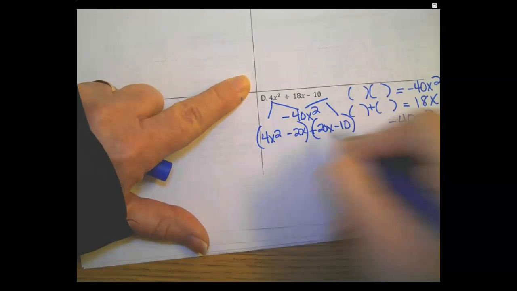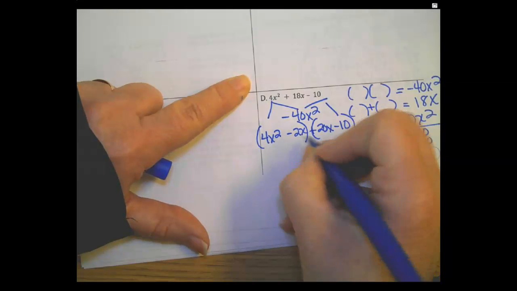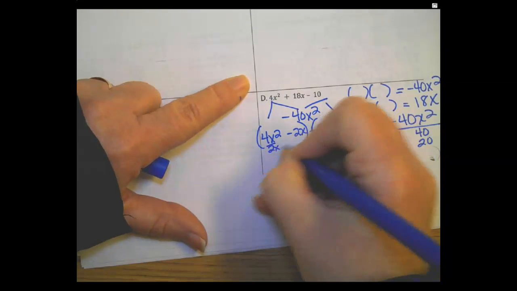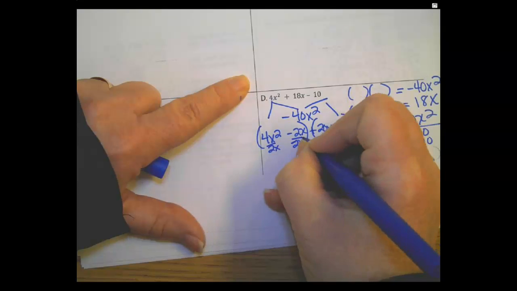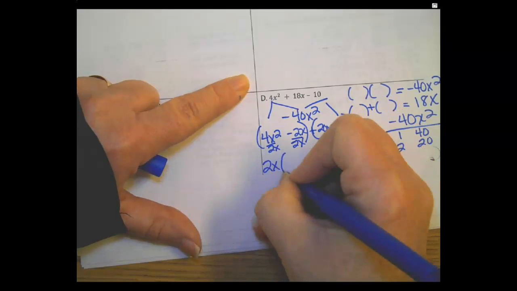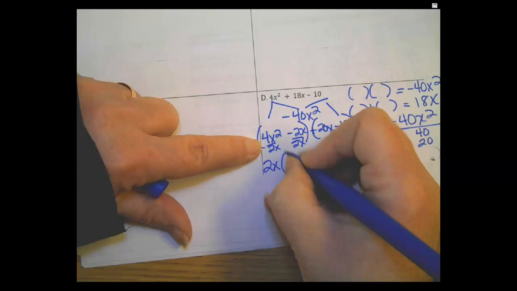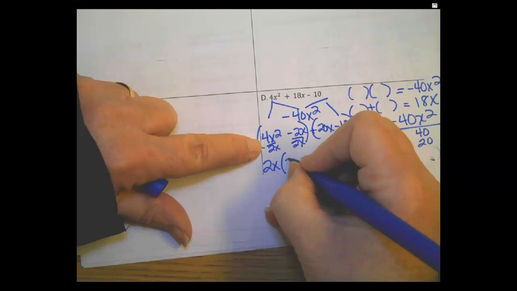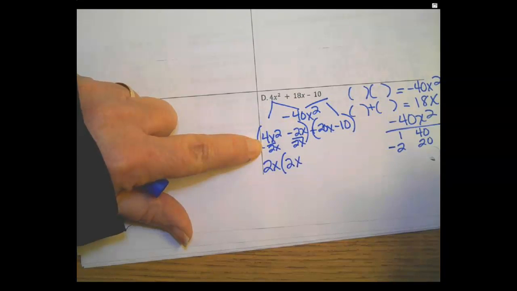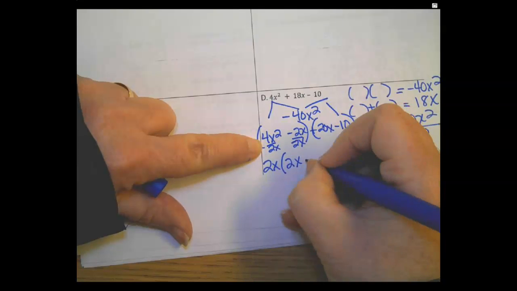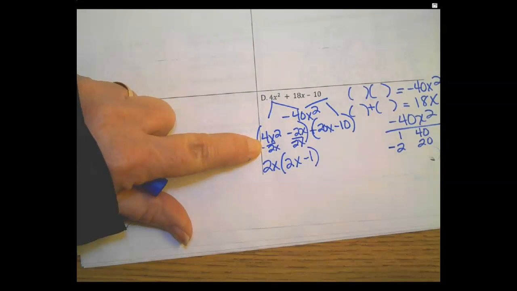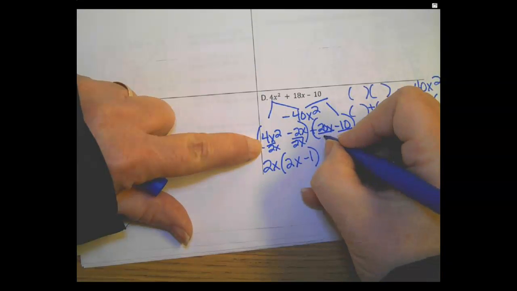What does this have in common? Hopefully you said 2x. I'm going to take out that 2x, and I'm left with 2x. And then here, anything divided by itself is 1. What does this have in common? 10.